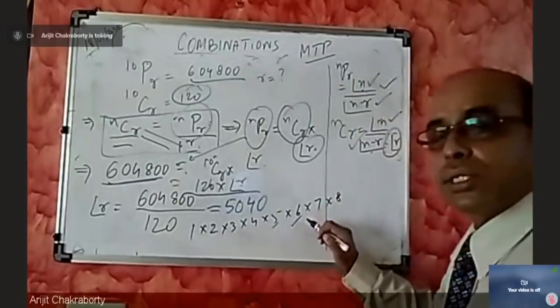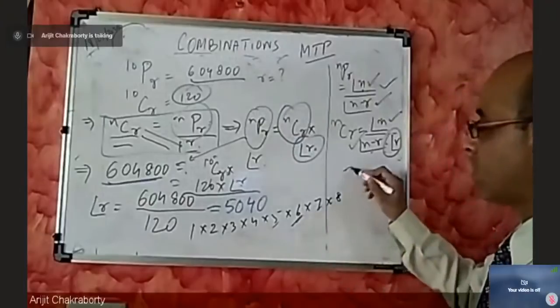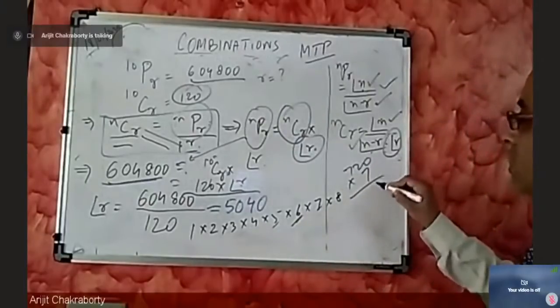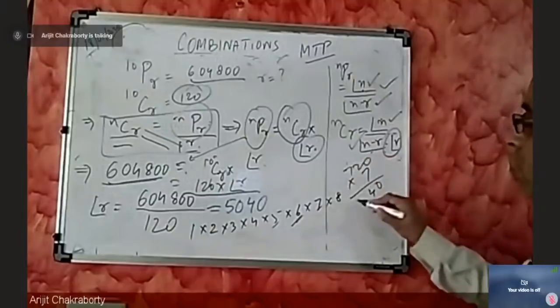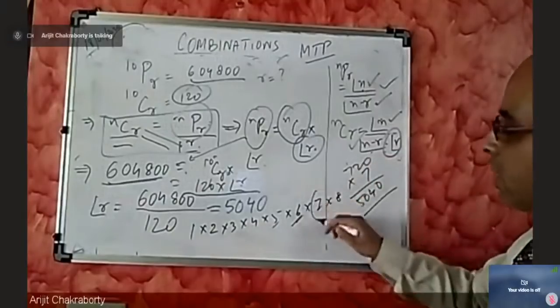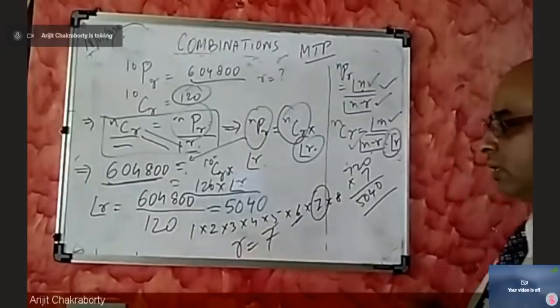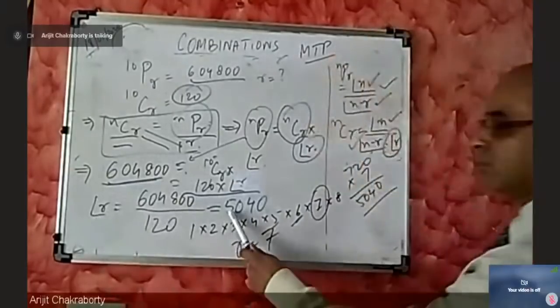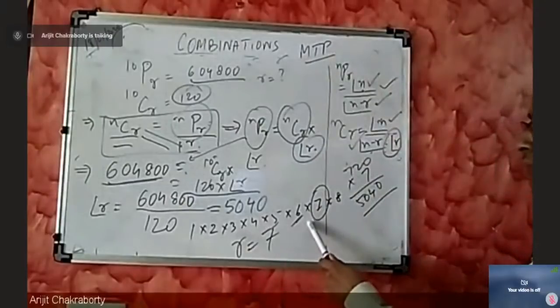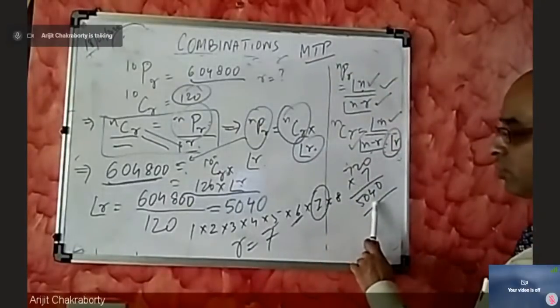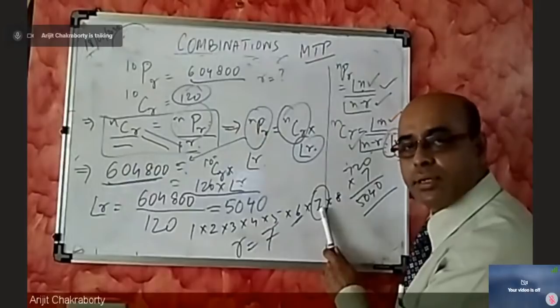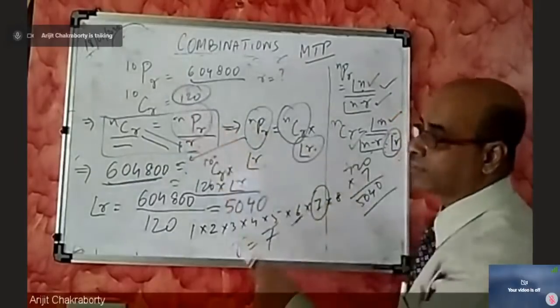Into 6 is 720. 720 into 7: 7 2s are 14, and we get 5040. So r comes to 7. By multiplying, we reach 5040 when r is 7. Right? So r is 7.